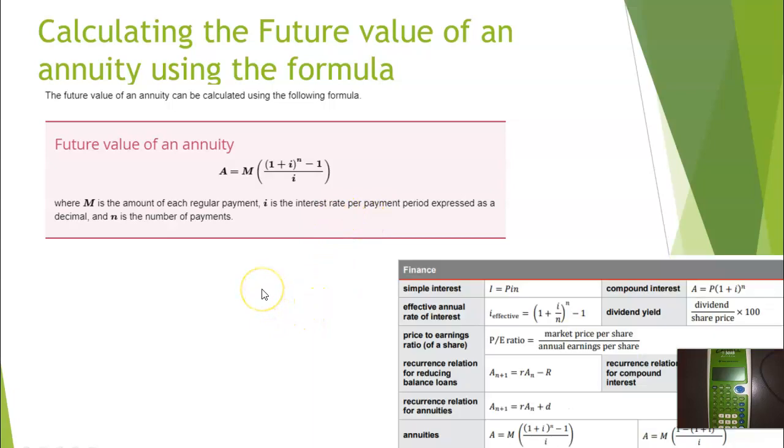Well, the QCAA formula sheet actually has the formula here. So if you are starting with a 0 principal balance, you would use this formula. And if you had a starting balance, you would have to add in the compound interest formula, which is also found on the QCAA formula sheet.